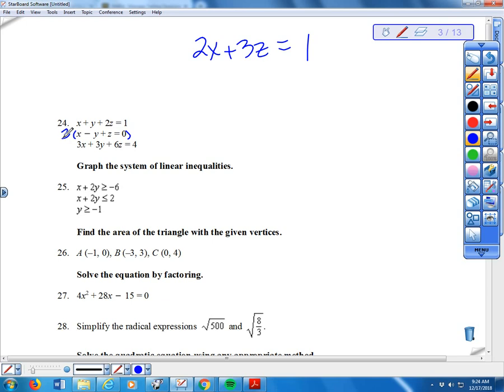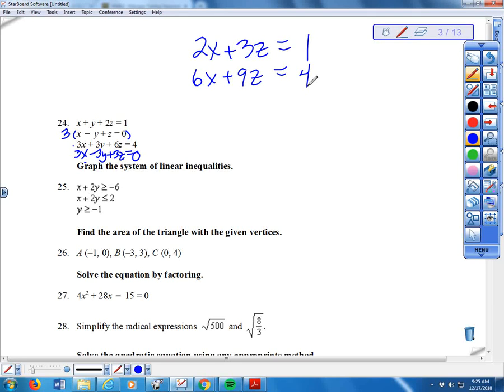And then I get 3x minus 3y plus 3z equals 0. So when I add this with this, I get 6x, 0, plus 9z equals 4. Right?